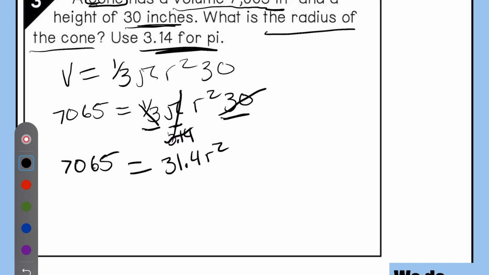Well, then we just solve it like we would a normal equation. Divide by 31.4. And it's 31.4, not 3.14 there.